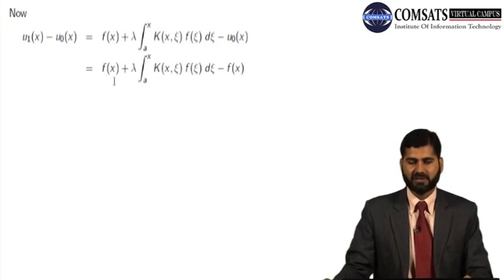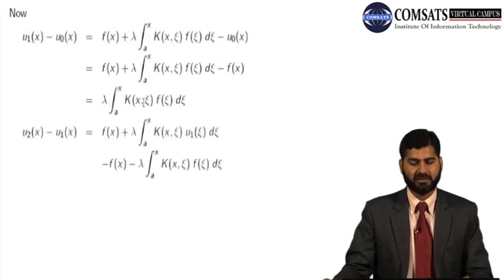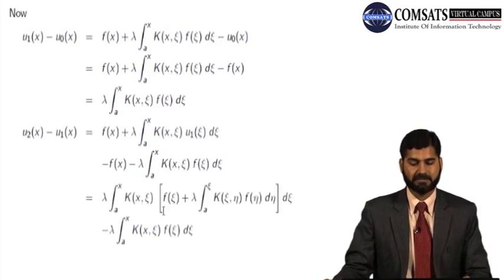If we calculate this by just replacing, this is the function, this is u1, this is u naught. f x and f x are cancelled out. You got this one. u2 minus u1 gives you this. If you simplify, this is u2, this is u1. You subtracted them, and f x and f x are cancelled out again.